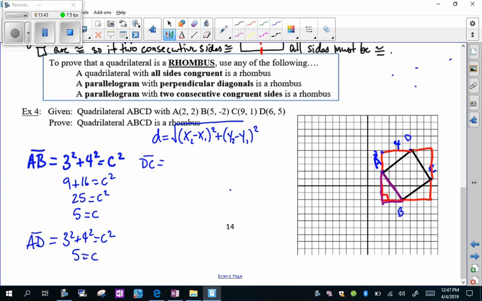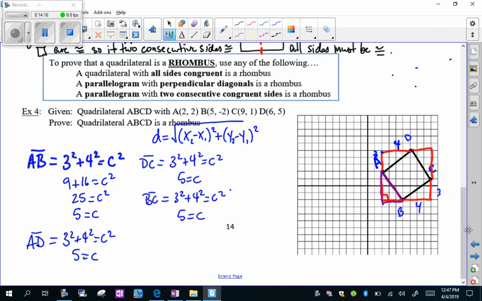I'm going to count 3, 4, 3 squared plus 4 squared equals c squared, and then 5 equals c. And the last one is side BC. If I count, that's 3, 4, 3 squared plus 4 squared equals c squared, and 5 equals c.